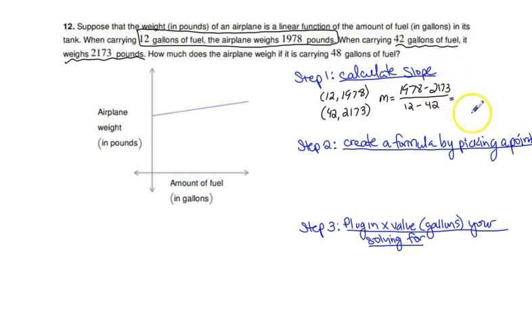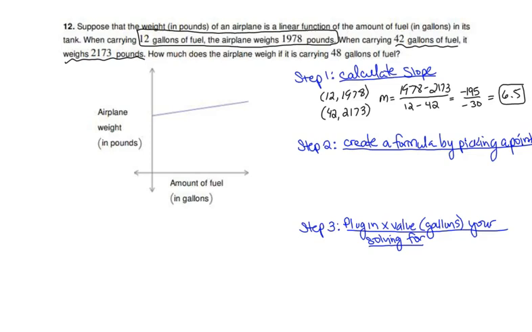This is obviously a calculator question, so you get negative 195 over negative 30, which is 6.5. A good opportunity to check here, this is an increasing graph, which means my slope should be positive. If you got a negative number, that would be a really good sign that you need to go back and see where you messed up.